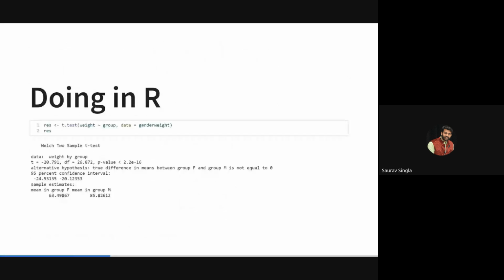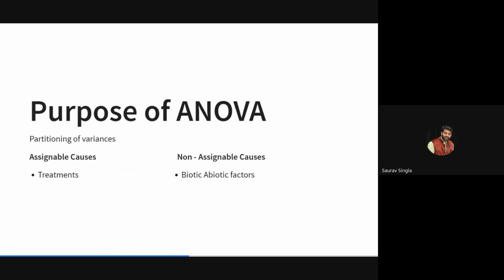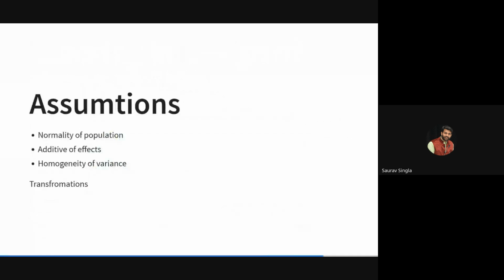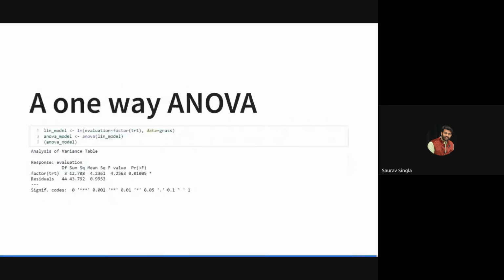So this is the code for t-test that we conducted in starting. Okay, this is the code for t-test, and this is the code for ANOVA.